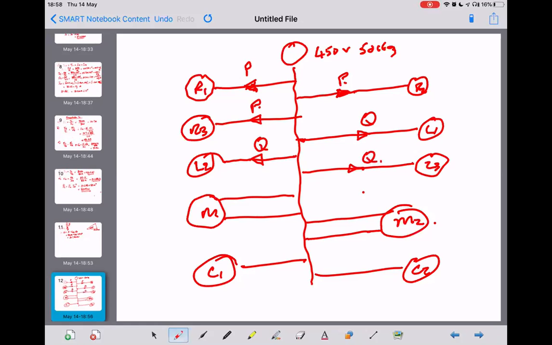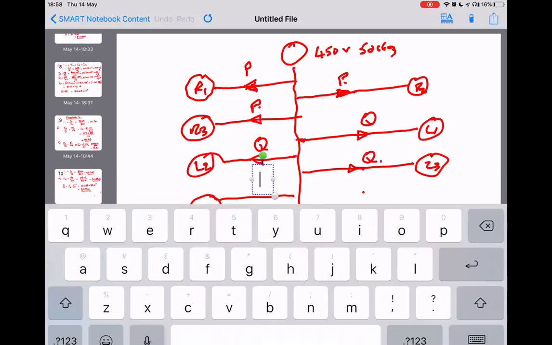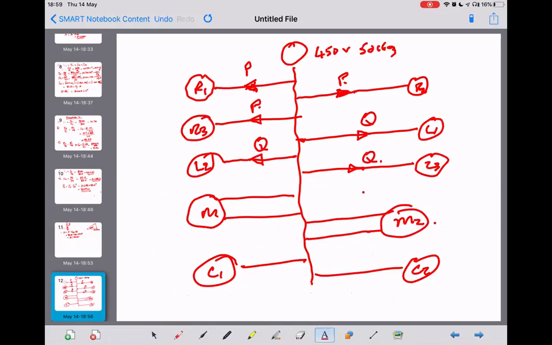If you write the values on, the arrow needs to be the right way. So motors draw P and Q, so 2 outwards pointing arrows, a P and a Q.